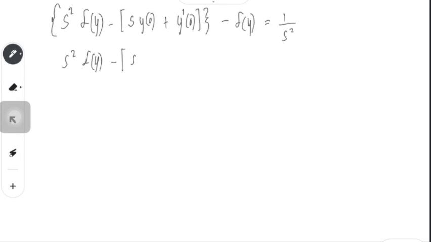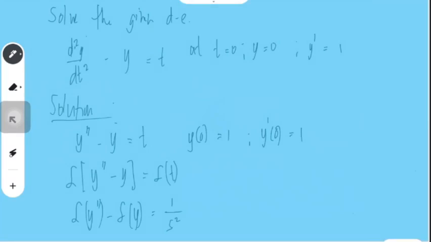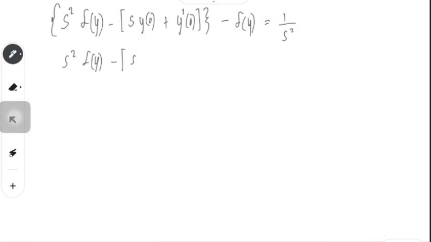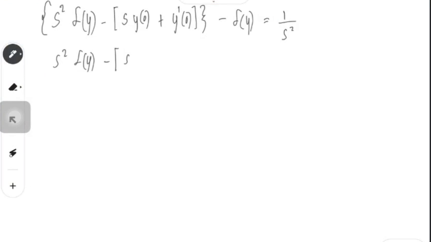Ano yung y function of 0? Tingnan natin. Ayun, 1. Tapos first derivative 1 din. So if we're going to substitute, s times 1, then plus 1 minus the Laplace transform of y, 1 all over s squared. Okay?